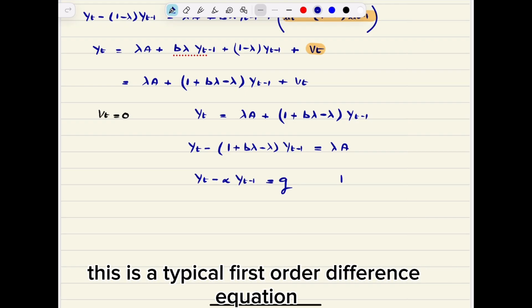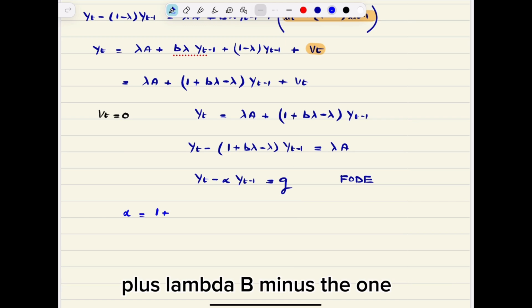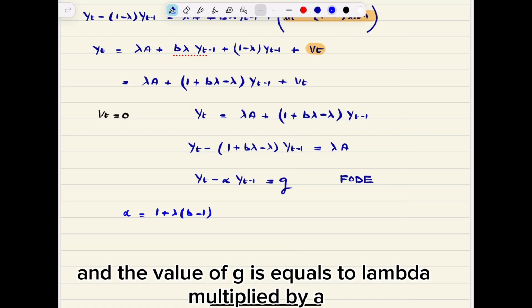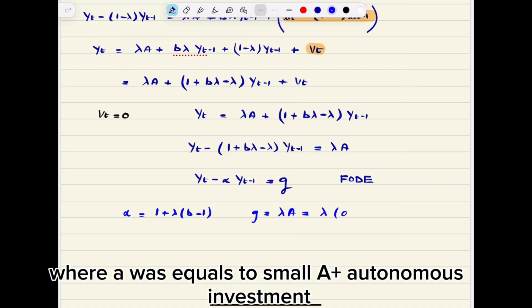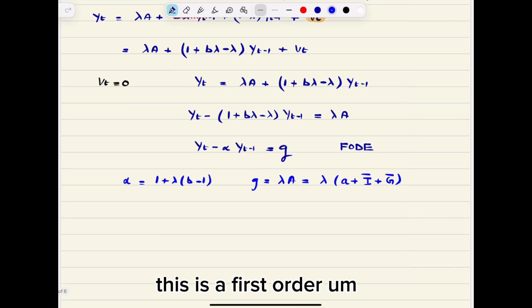This is a typical first order difference equation where I have taken alpha equals 1 plus lambda b minus lambda, right? And the value of g equals lambda multiplied by a, where a was equal to small a plus autonomous investment plus autonomous government spending.